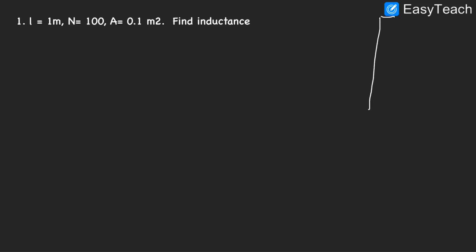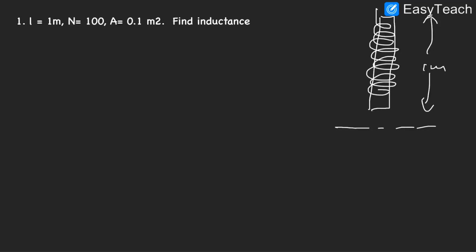So let's say there is a piece of cardboard or something like that and it is 1 meter long, and usually it's not going to be a piece of cardboard, but let's just, for the sake of the problem, assume it is. And we have our conductor wound across this.